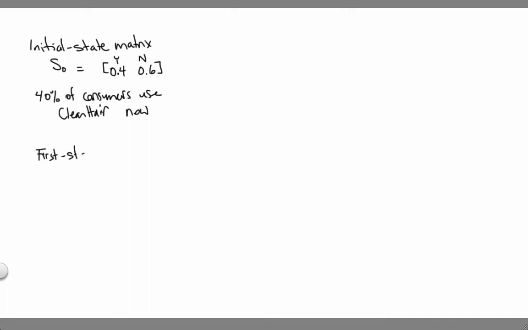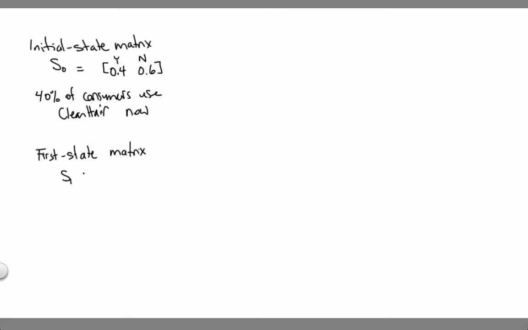So then we'd be looking at, in words, you'd call it the first state matrix, and in symbols, you'd call it S1. So notice that S0 represents what's going on right now. S1 is actually talking about what's happening one time step from now. So one shampoo purchase into the future, what's going to be happening?